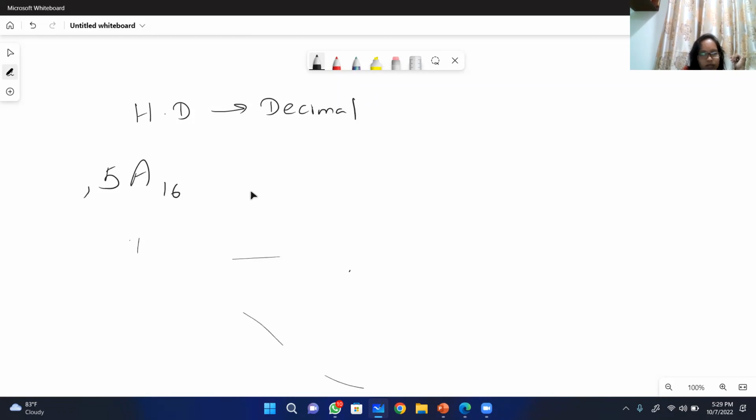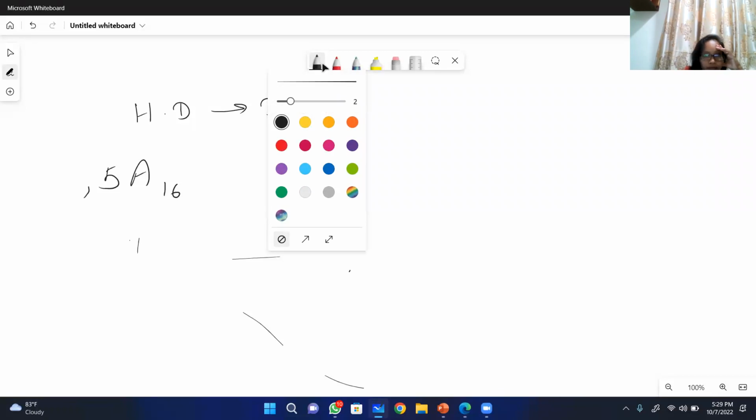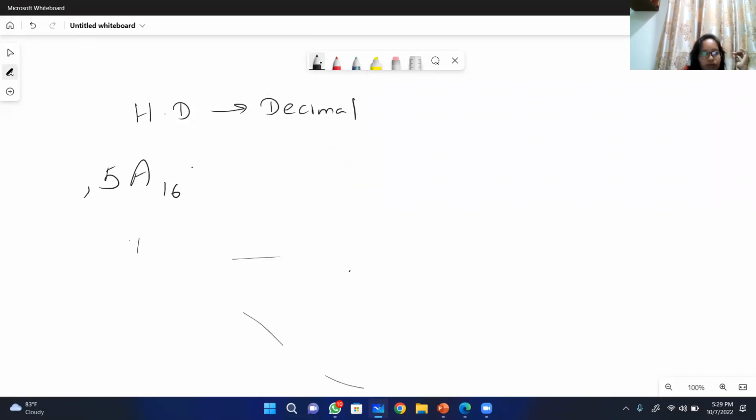Yes, the cursor, I can't see the cursor. Here this one is 16 to the power 0, this one is 16 to the power 1, right? And you have to write down the value.